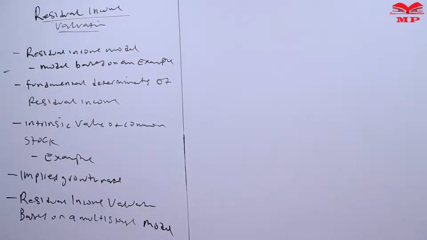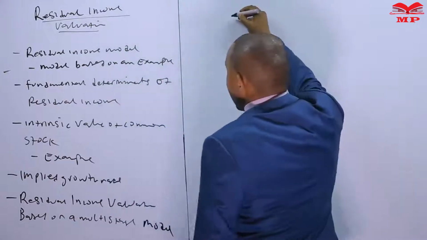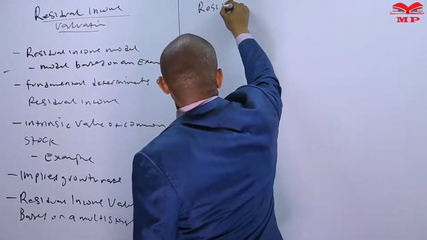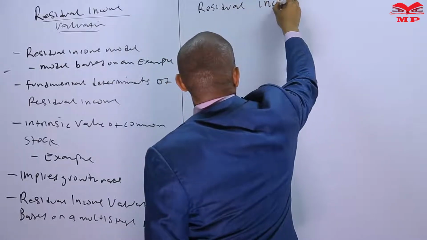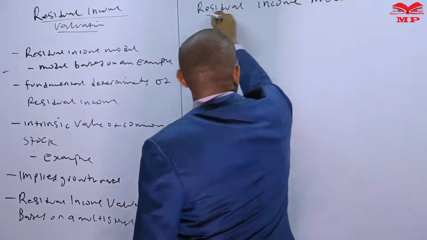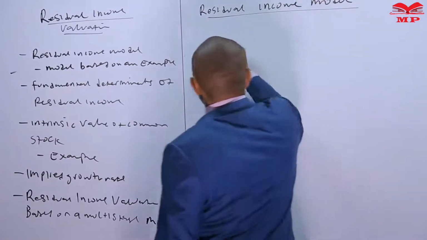Now, this is what we will look at, and we start off without any delay by looking at the residual income model. Now, the residual income model is as follows.